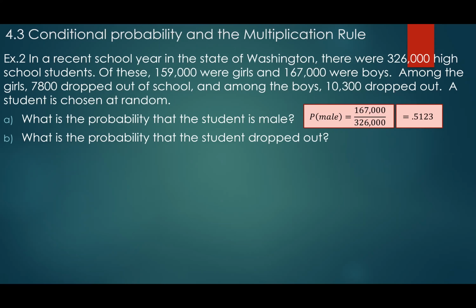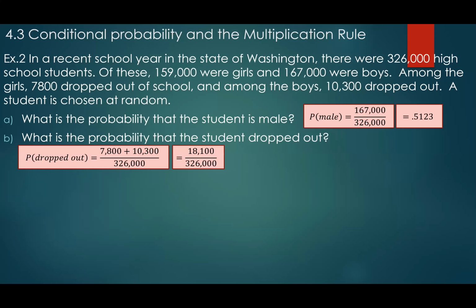And again, what is the probability of a student that drops out? Remember, for dropout, you have to take the female dropout and the male dropout, right? The girl dropout and the boy dropout. To find the probability of dropout, we have to take the 7,800, add it to 10,300 and divide by the total of the students, right?